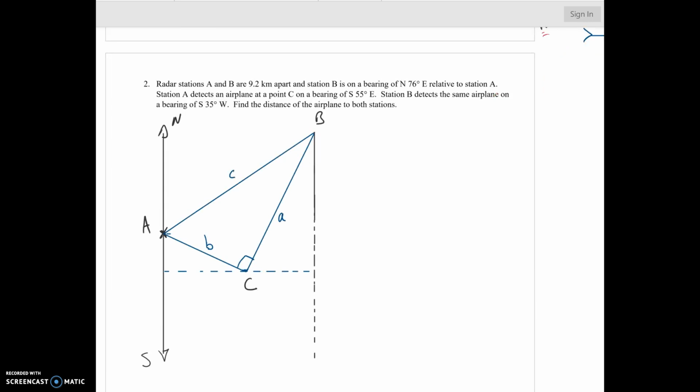So guys, first of all, the radio station A and B are 9.2 kilometers apart, so I know that C equals 9.2 kilometers, and station B is on a bearing of north 76 degrees east relative to station A, which means that this angle right here is 76 degrees.